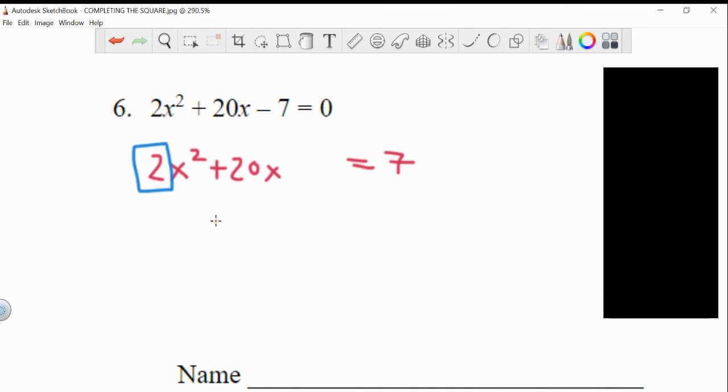What we want to do with this is hopefully we can do a GCF of the 2. Hopefully we can get rid of it, and we can. And because the 7's on the other side, we don't have to worry about the 7. We're going to take out the 2, and we're going to have x squared plus, oh, not 20, but 10x equals 7.